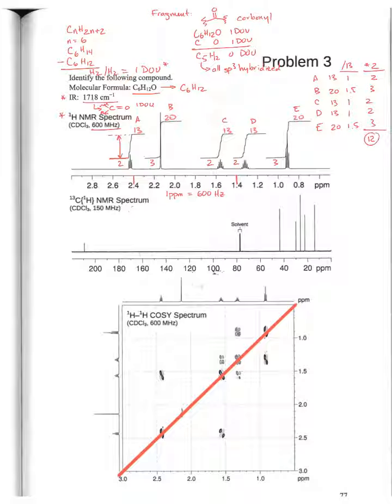So that matches what we were given originally in the molecular formula, so we've accounted for all the hydrogens. And those hydrogens are distributed amongst 1, 2, 3, 4, 5, so we have 5 unique types of hydrogen.